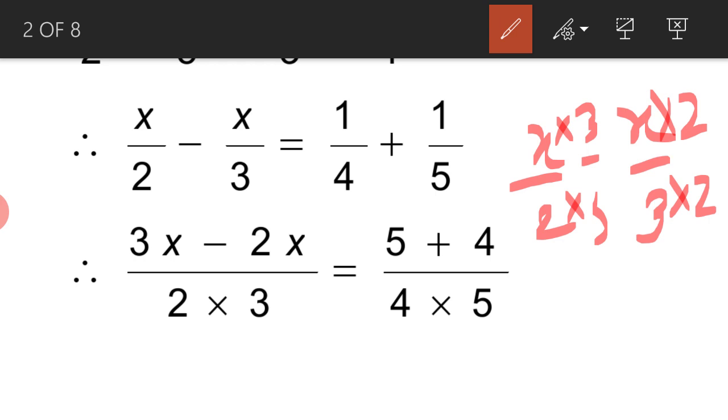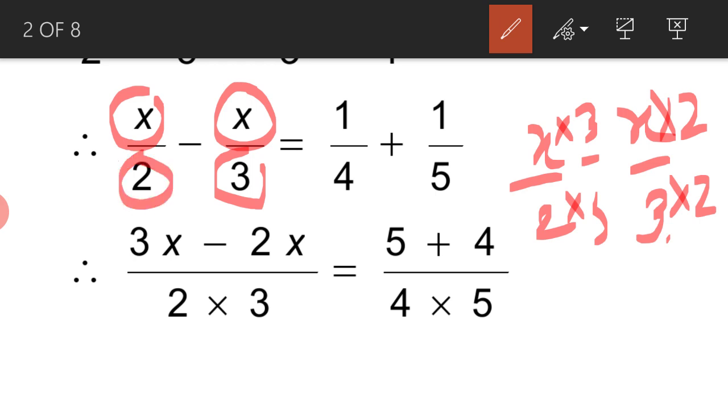So in short, we are avoiding this particular step, and what we are doing, we are directly writing as the first term numerator multiplied by denominator of the second one, and numerator of the second one multiplied by denominator of the first one. But when to go for this particular method, children? When we have two fractions and whose LCM is their product.